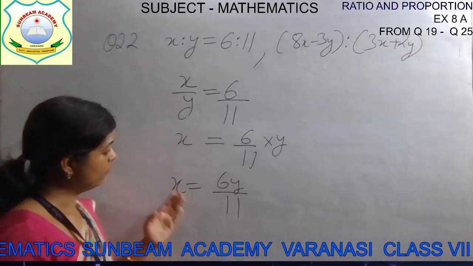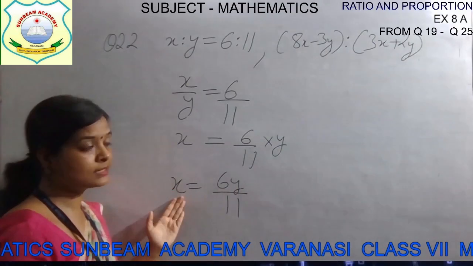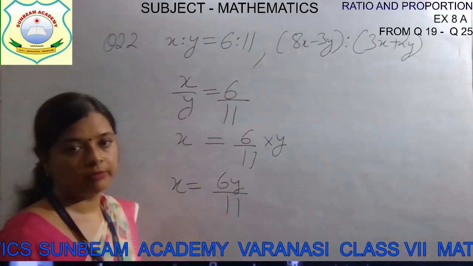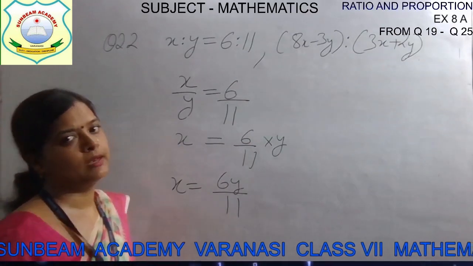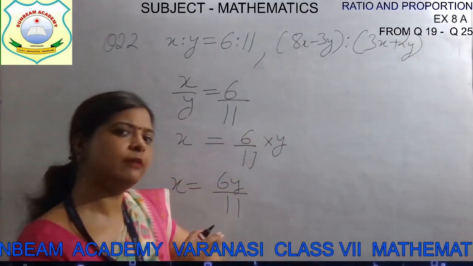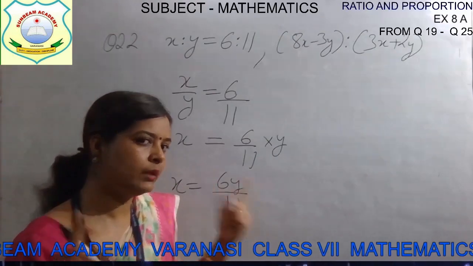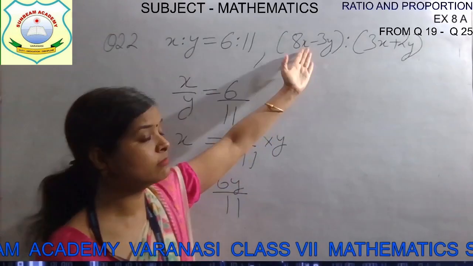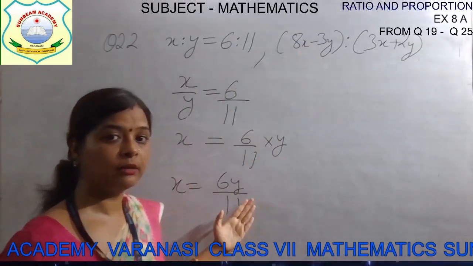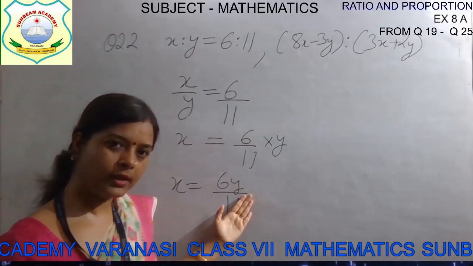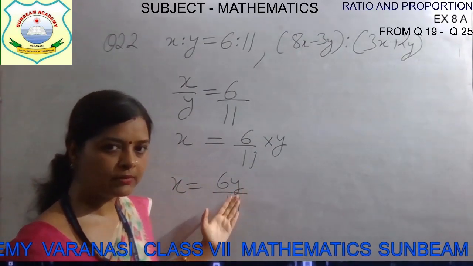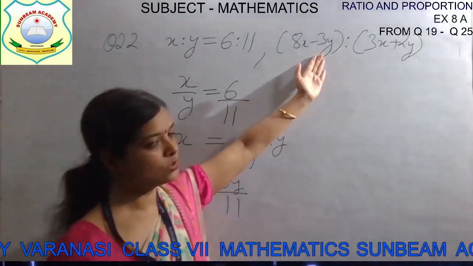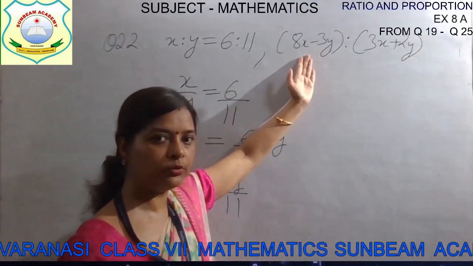So that we will put the value of x in the question, and then everywhere we will have only one variable, that is y, because x will be converted in the form of y. So write down this x value, that is 6y by 11, in the expression which you have to find.